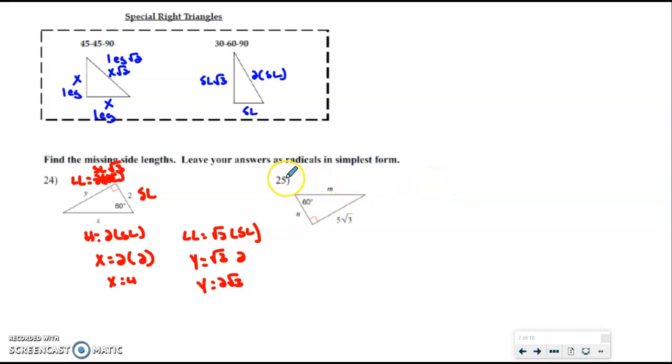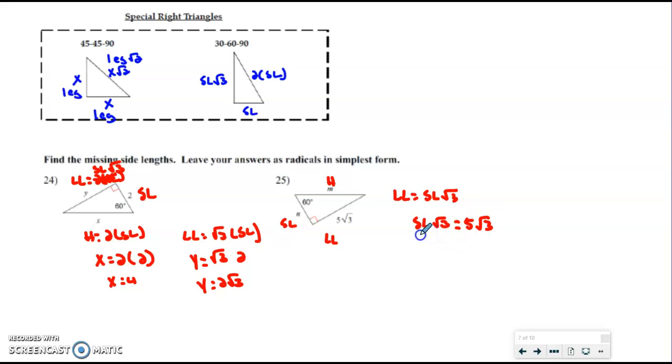Okay, so looking at number 25, in this case I know that this is my long leg. 5 square root of 3 is my long leg, n is my short leg, and m is my hypotenuse. So I know my long leg equals my short leg times the square root of 3. So I have to figure out if my short leg times the square root of 3 is the same thing as 5 square root of 3.